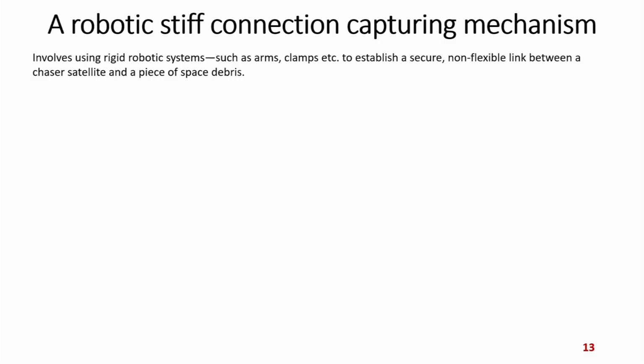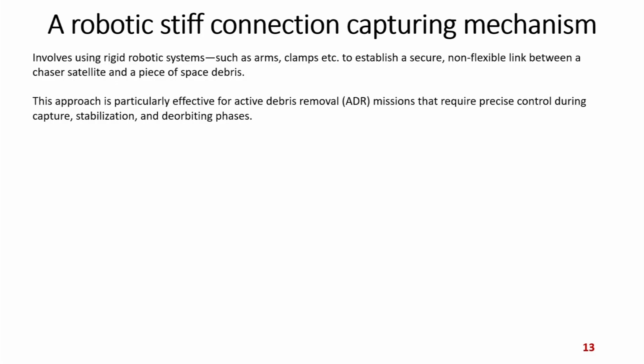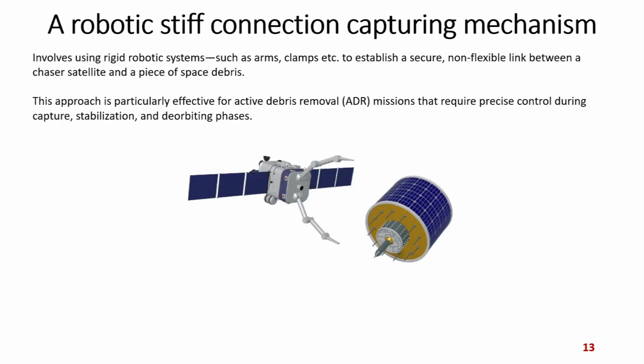In the previous one we saw the capturing is a flexible one, but here it is a non-flexible link. This approach is particularly effective for active debris removal, also called ADR missions, that require precise control during the capture, stabilization and deorbiting phases.